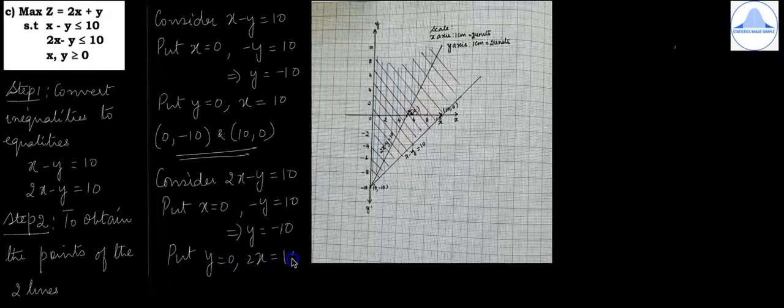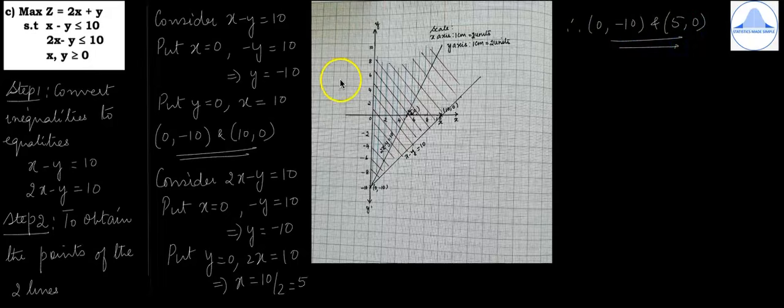So 2x is equal to 10, which implies x is equal to 10 divided by 2, which is 5. So the 2 points are 0, comma minus 10 and 5, comma 0 are the 2 points of the line.